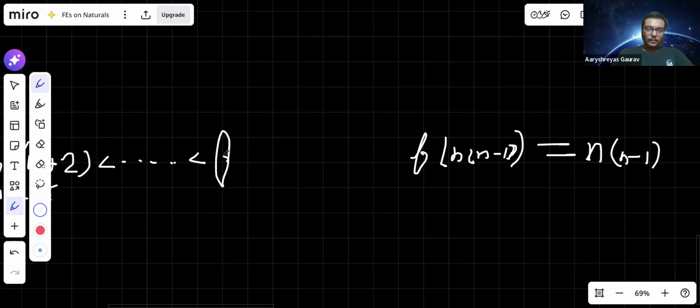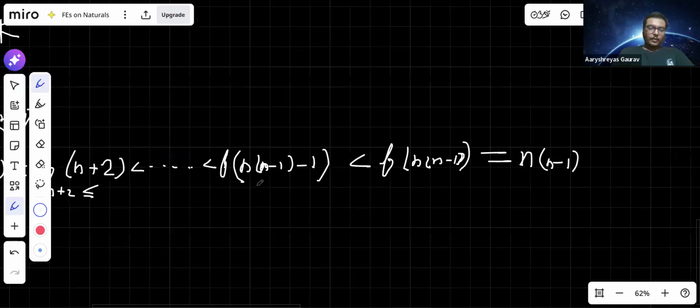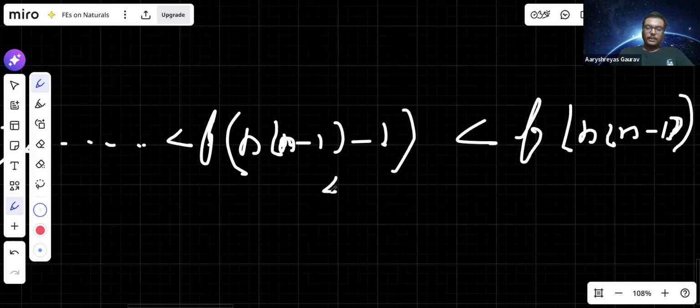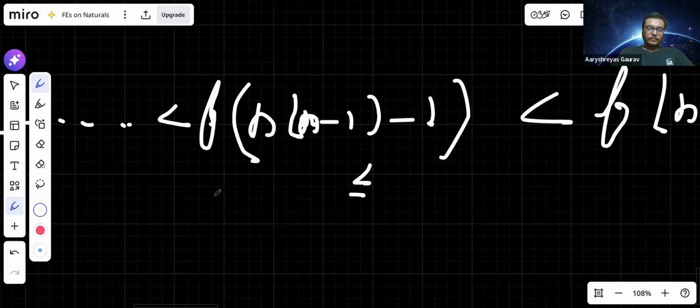So here we have f of n times n minus 1 minus 1. Now we know that this thing is always less than or equal to n times n minus 1 minus 1.